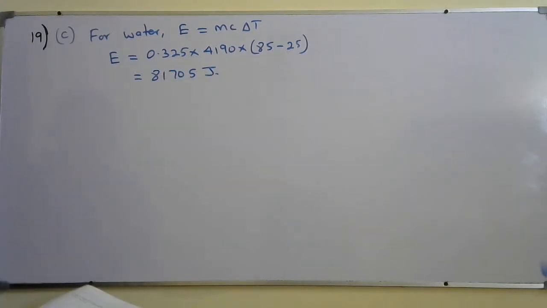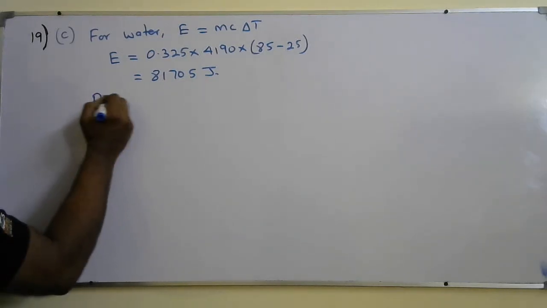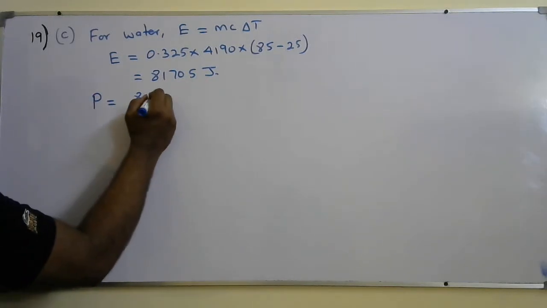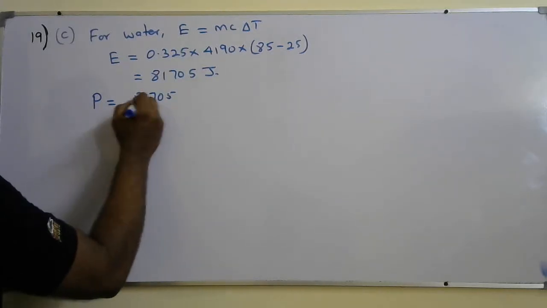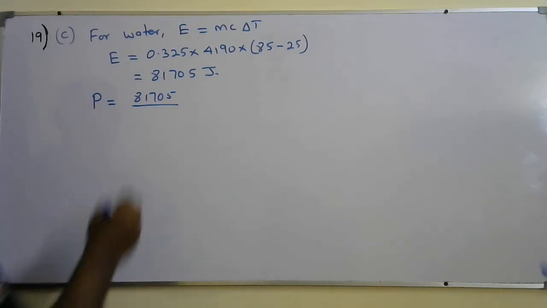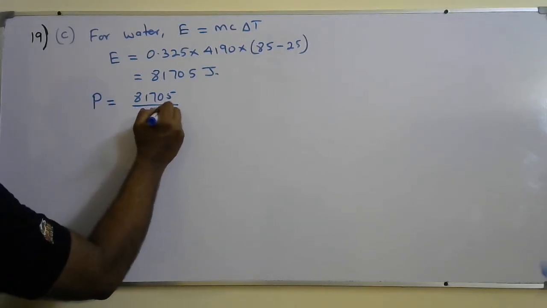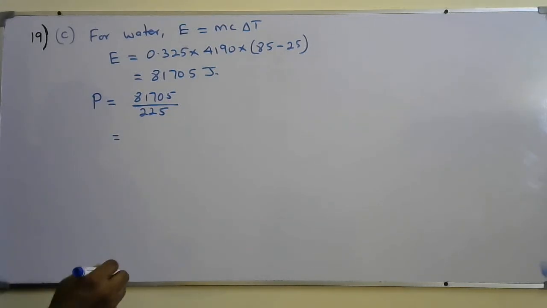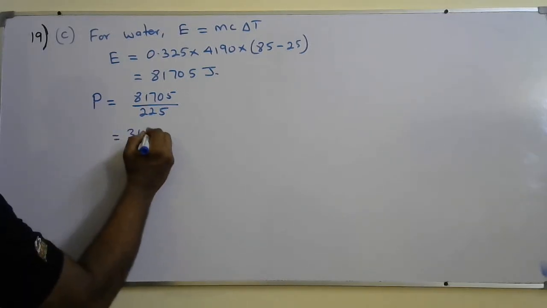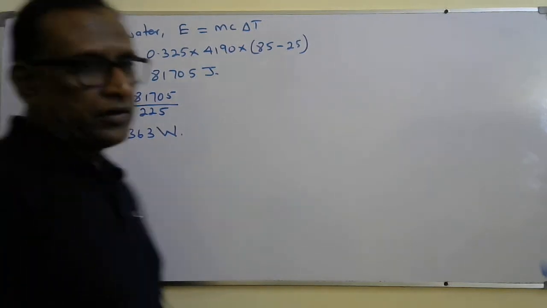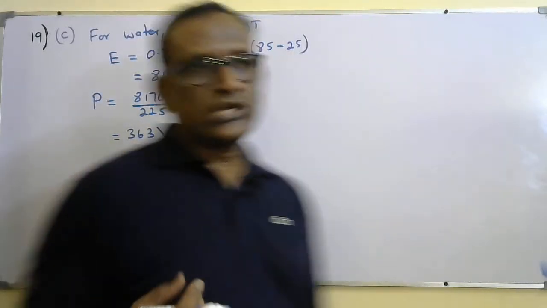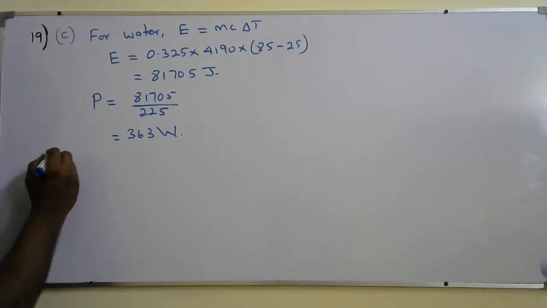So this is happening during 225 seconds. So the power absorbed by the water is 81705 divided by 225, which becomes 363 watts. This is the useful output power which is absorbed by the water. Efficiency, input power is also given.